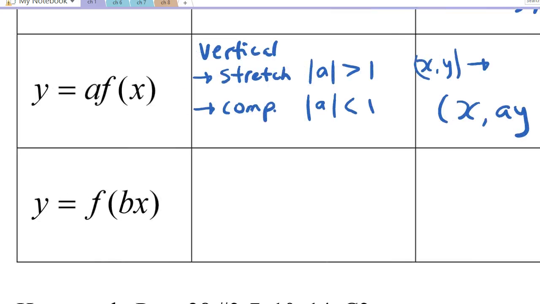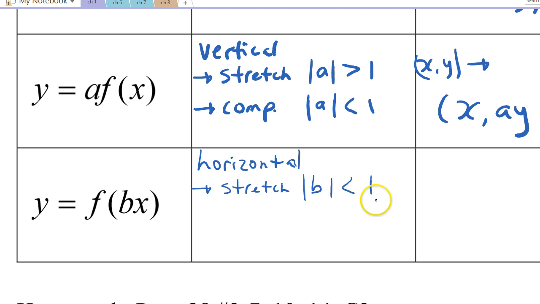Our last one is our b value, and this is a horizontal change. In this case, our x values are multiplied by 1 over b. So this whole stretch and compression works the opposite way. It's a stretch when the absolute value of b is smaller, right?